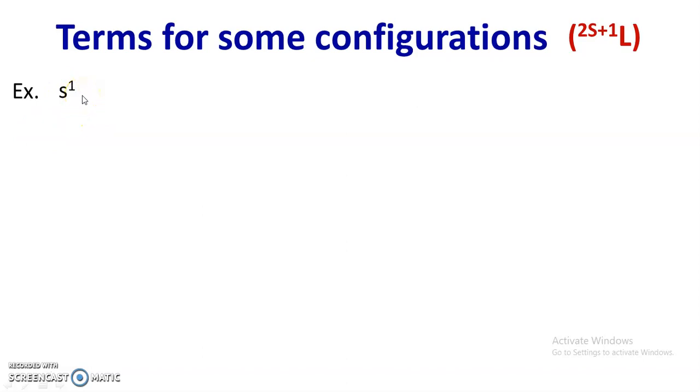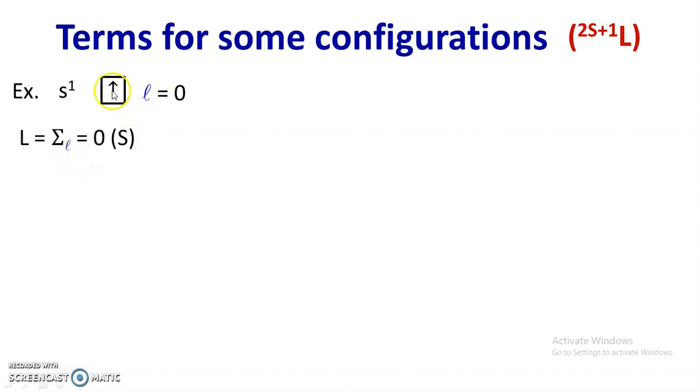There is only one electron, and you know this electron, it is accommodated in s orbital, and for this s orbital azimuthal quantum number value, that is L, it is equal to 0, and this L, that is the resultant orbital angular quantum number, it is the sum of these L values.